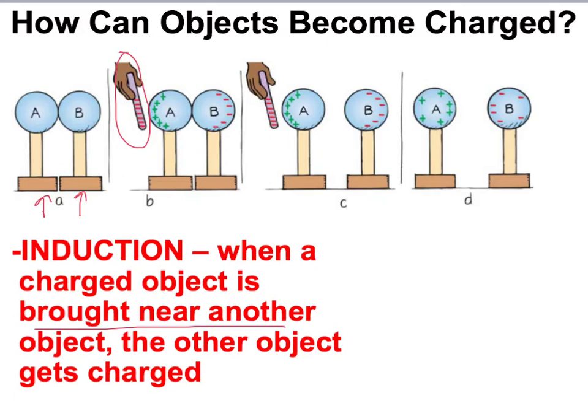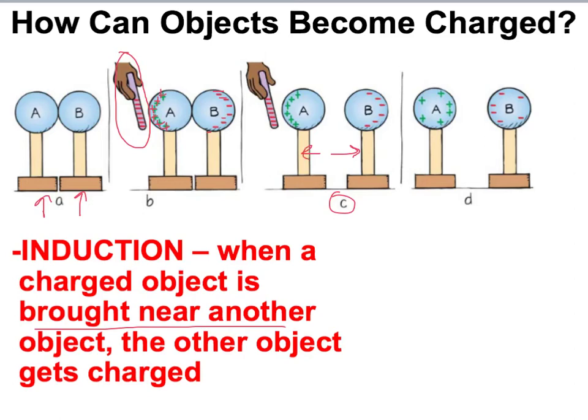Because this rod is negatively charged, all of the positives are going to move towards that rod, and all of the negatives are going to try to get as far away as possible. So all of those negatives are going to move from A to B because A and B are touching. Then in part C, the two spheres are moved a little bit farther apart.